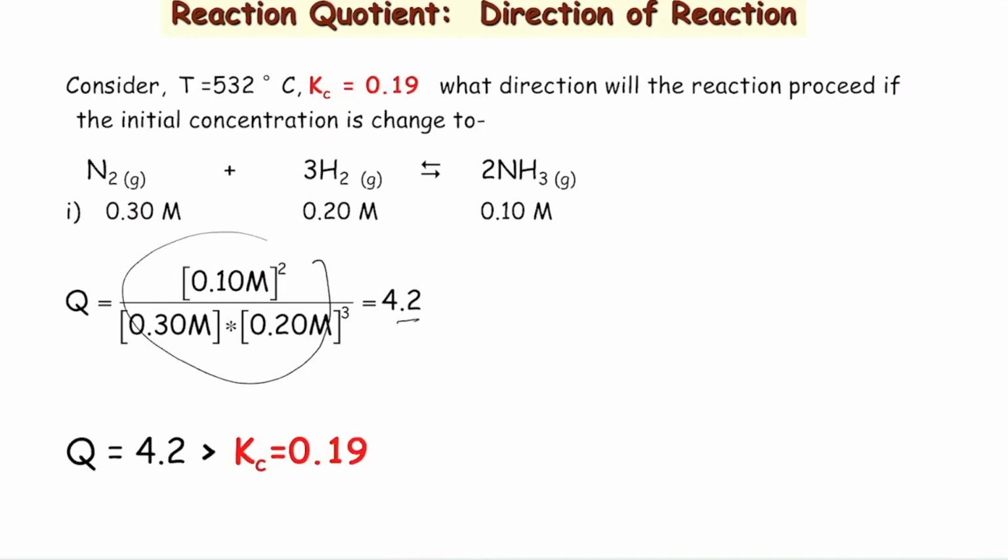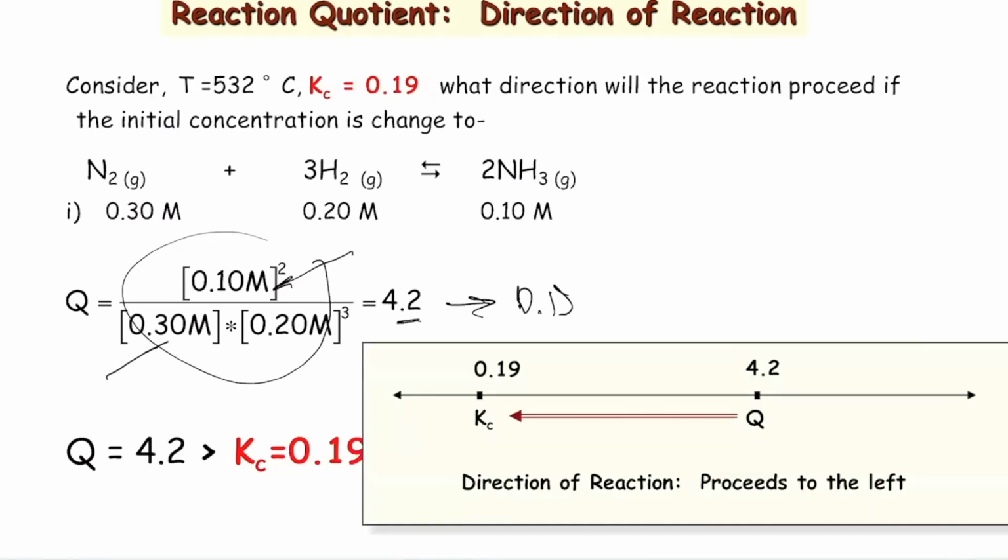In order for this number to be 0.19, this number has to get smaller and this number needs to get bigger. When you have a small number on top and a big number on the bottom, that ratio gives you a smaller value. Physically, what does that mean? It means the reaction is shifting towards the reactants.